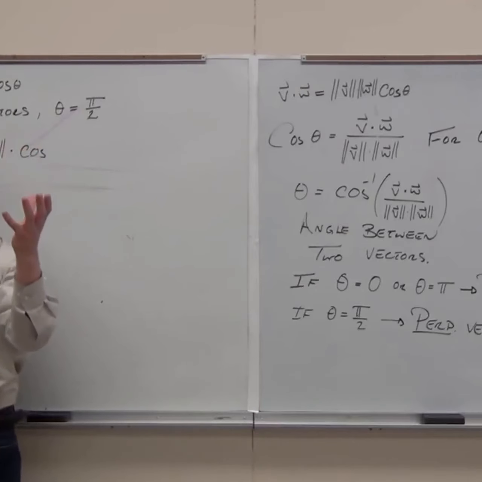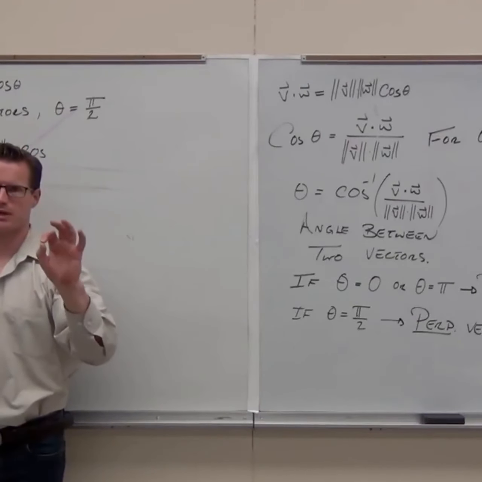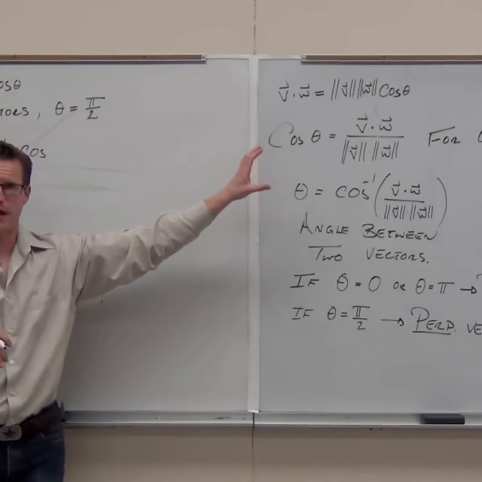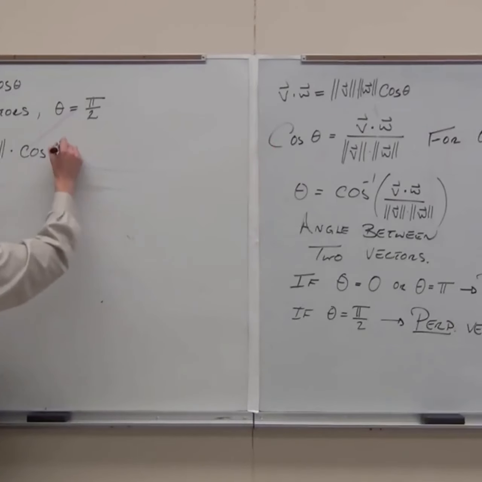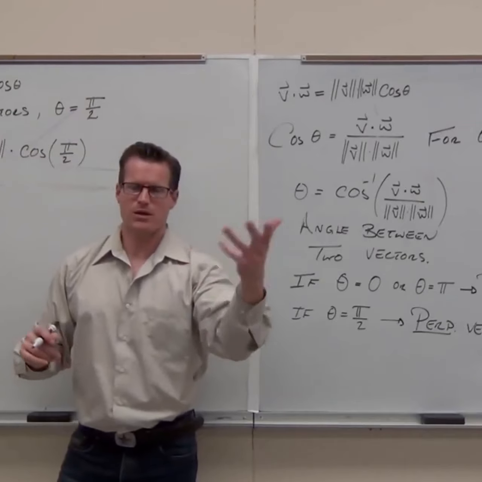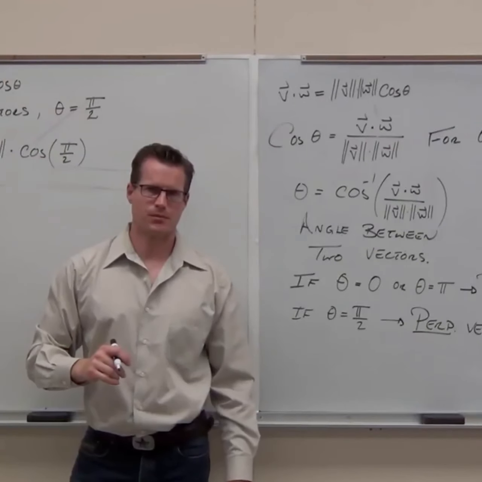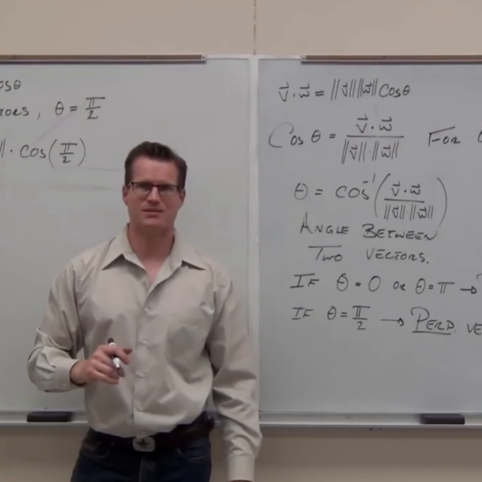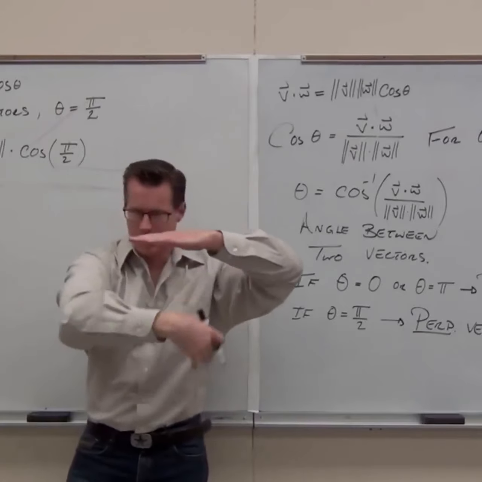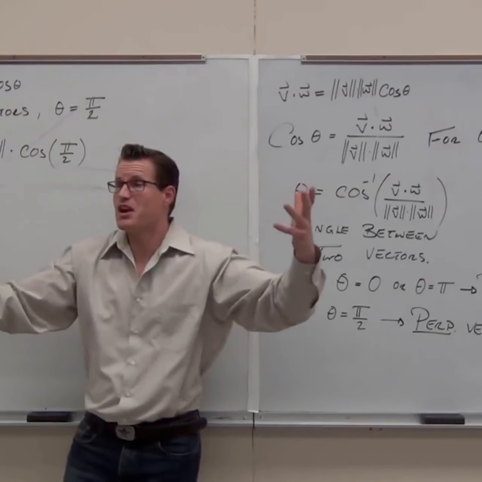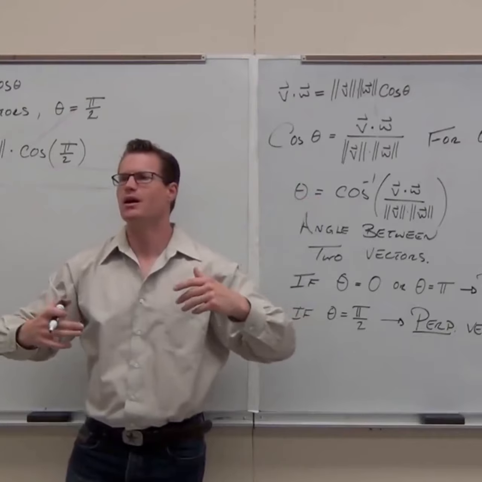But wait. If you're assuming that V and W are perpendicular, the angle between them is pi over 2. By the way, you can't have 3 pi over 2, because if you went past pi, you could have measured it the other way. Make sense? We don't care about 3 pi over 2. We care about pi over 2.